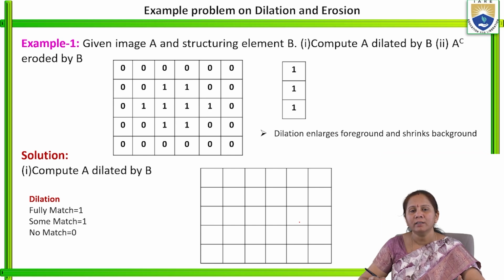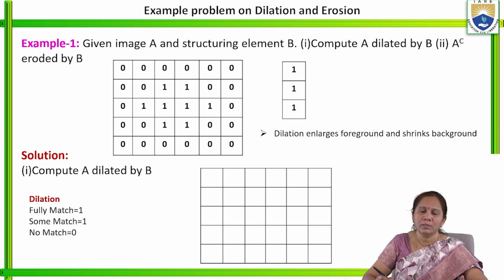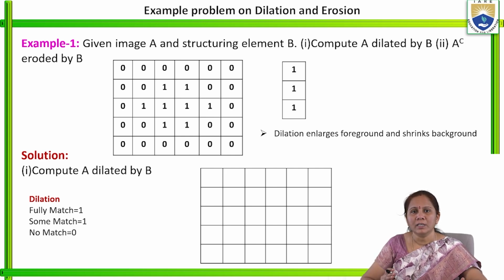While seeing that, we saw the equations related to those concepts, and what conditions we have to follow for erosion and similarly for dilation. Conditions means, if there is a complete matching between the given image and structuring element, if it is fully matched, what will be the value of the pixel.